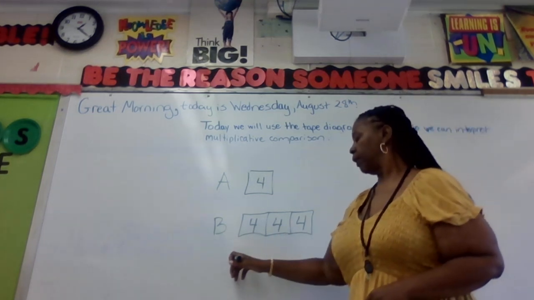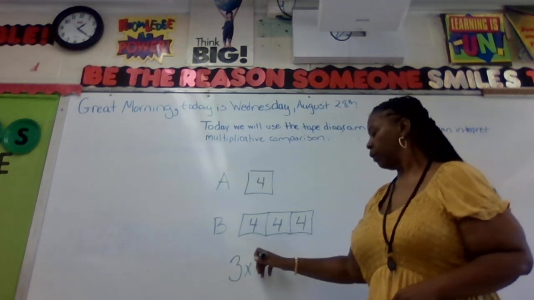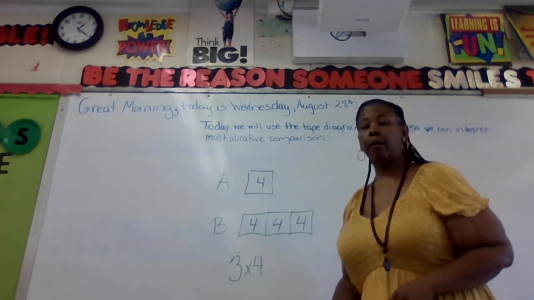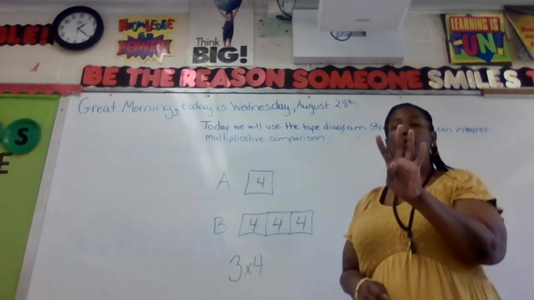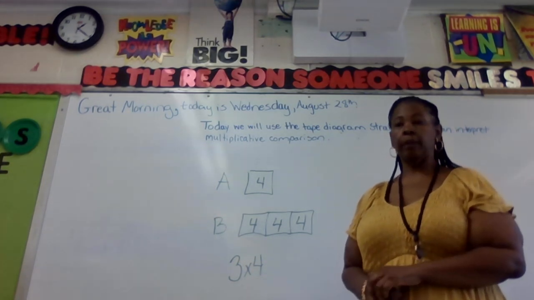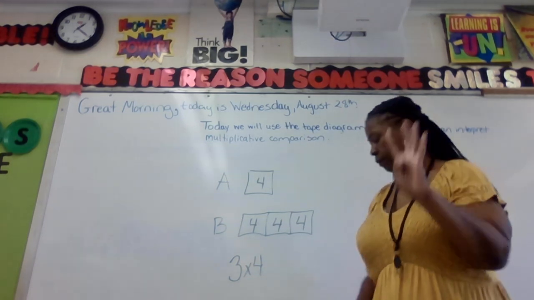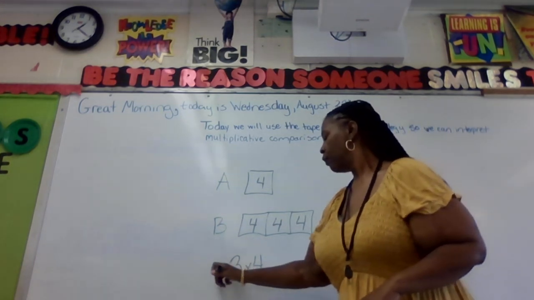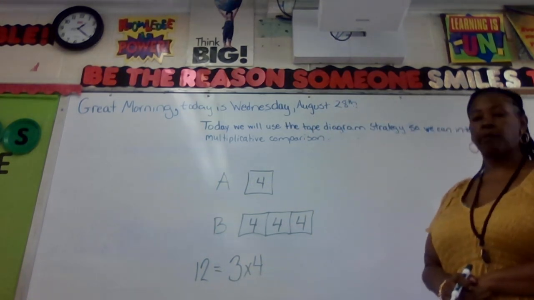So it's 3 boxes, and in each box it is 4. So we're going to practice our multiples of 3, and we're going to stop at 4. You can already put up 4 fingers, or just know to stop at 4 fingers. Okay? 3, 6, 9, 12. So the total is 12. 12 equals 3 times 4.